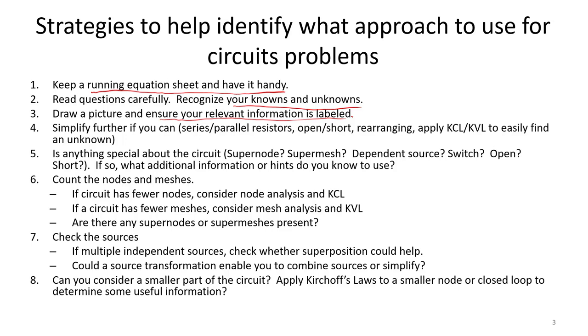Next point, simplify further if you can. So you may come across problems where there might be some resistors in series or parallel. Maybe you have an open or a short circuit. Maybe your circuit could be rearranged a little bit in order to make it in a more convenient state. So watch for that low-hanging fruit, right? Call this low-hanging fruit.